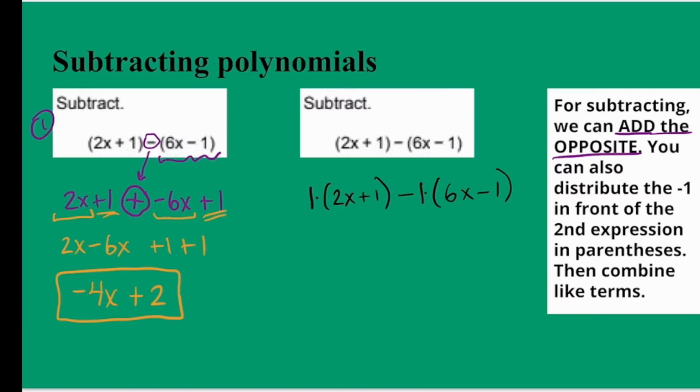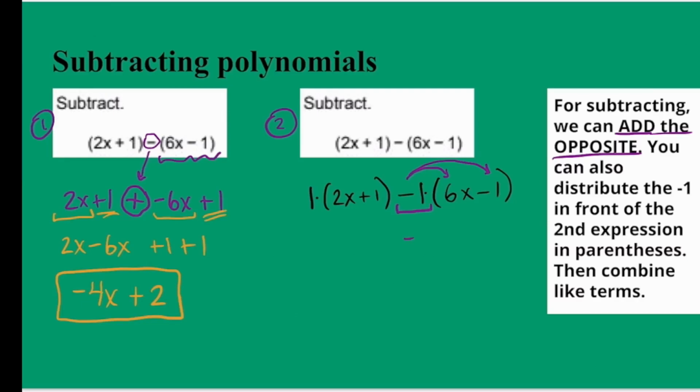What makes this method 2 interesting is that because you're subtracting, that second parentheses actually has a negative 1. So that negative 1 gets distributed to both of these.